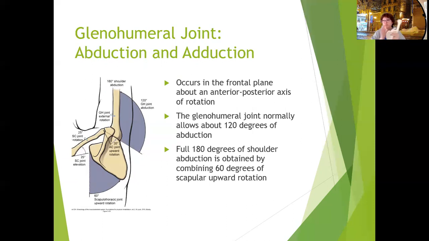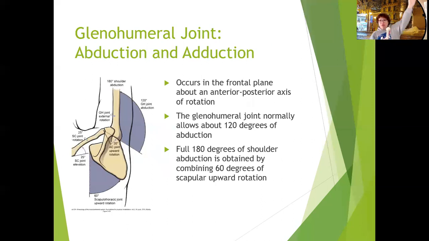So we can clap. It's not the only reason, but glenohumeral abduction and adduction occur in the frontal plane about an anterior posterior axis. The glenohumeral joint allows about 120 degrees of abduction, and you get 60 degrees of scapular upward rotation, giving us our full 180 degrees of healthy shoulder abduction.